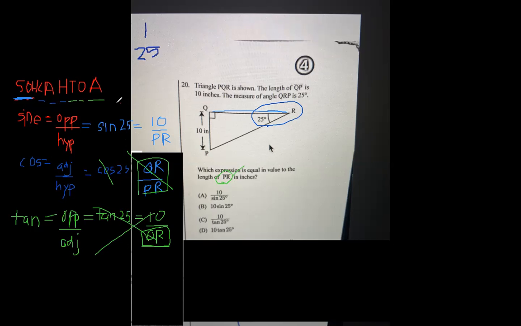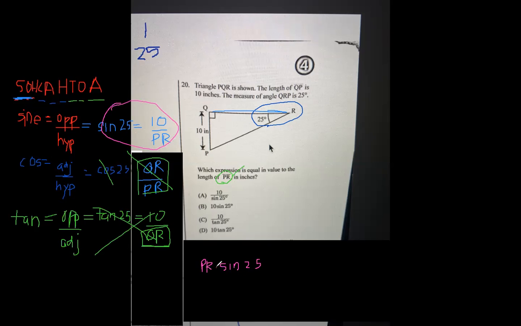So the equation that we're going to use, I'm going to highlight this in pink, is going to be the sine. So sine of 25 is equal to 10 over PR. If we manipulate this equation, we cross multiply. I could put the PR in front of the sine 25, or after.